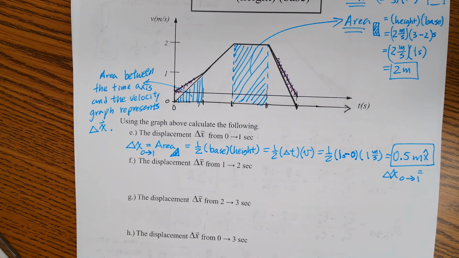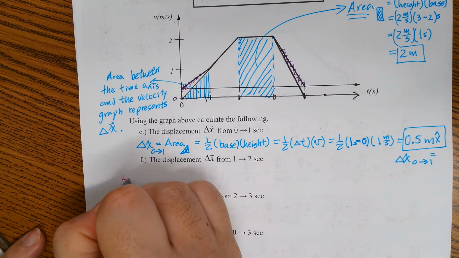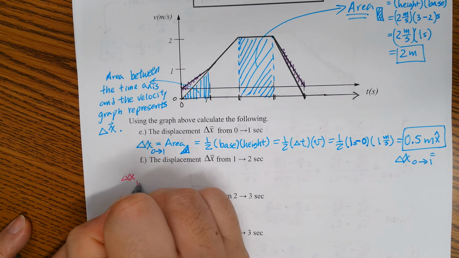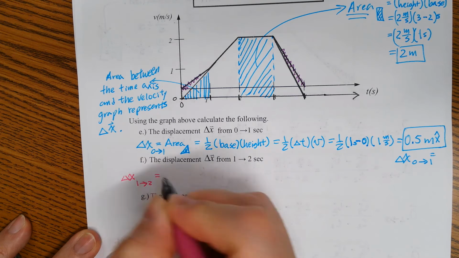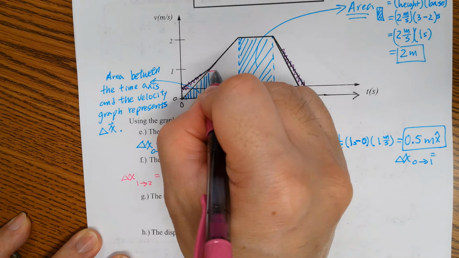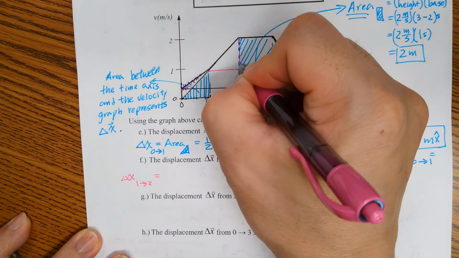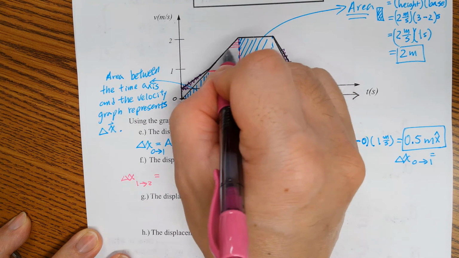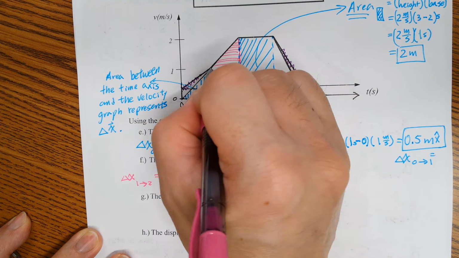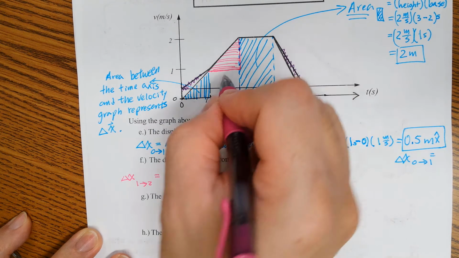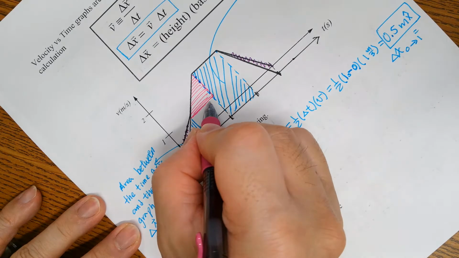Well, what's going on for my 1 to 2 seconds? Well, my delta x from 1 to 2 seconds, I need to find the area of this triangle right here, and then I need to find the area of this rectangle right here.